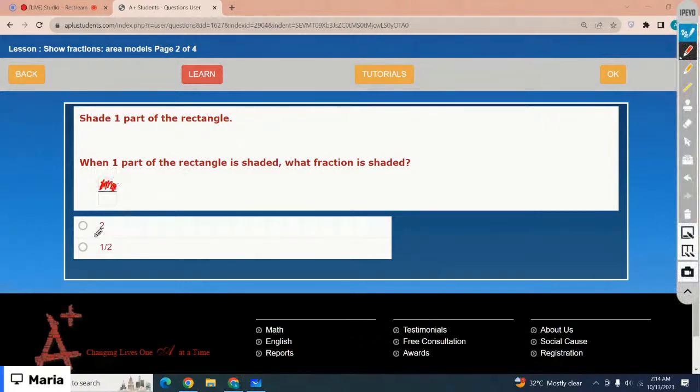So what part is colored? The total portions are 2 and 1 is colored. It would be 1 out of 2. Got it? The correct option is 1 out of 2. Got it?